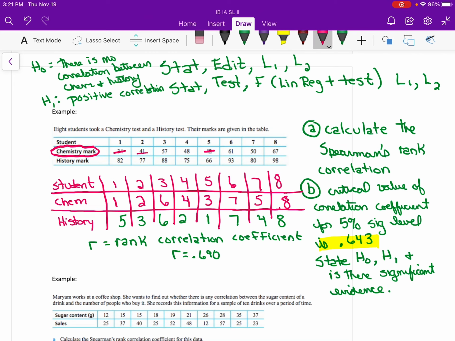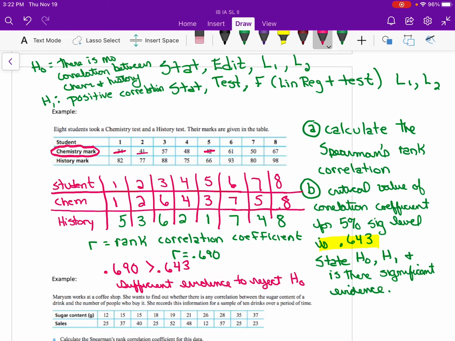Will this test work or not? 0.690 is greater than 0.643, so there is sufficient evidence to reject the null hypothesis.